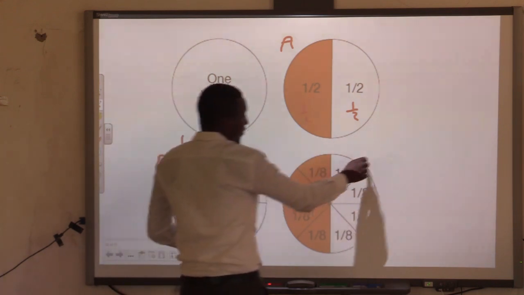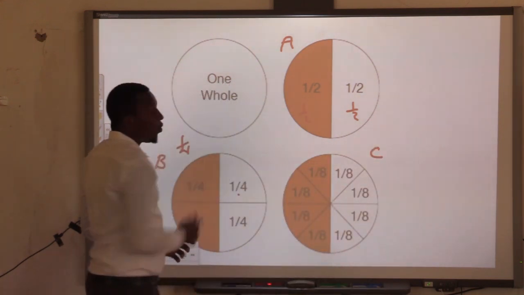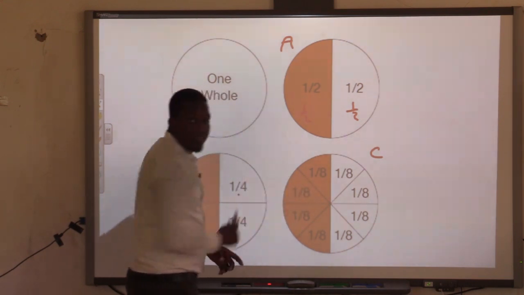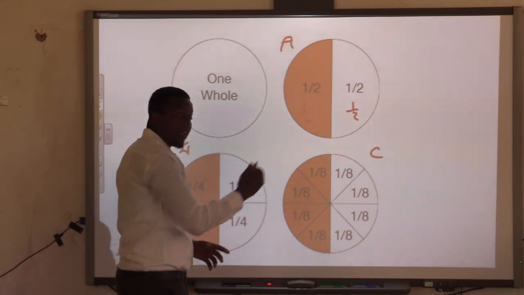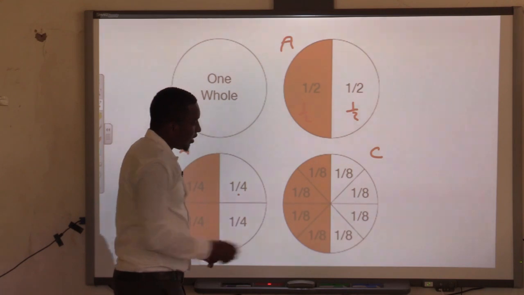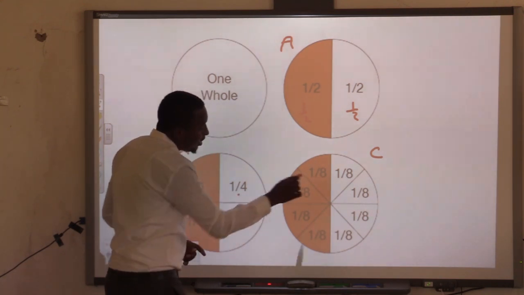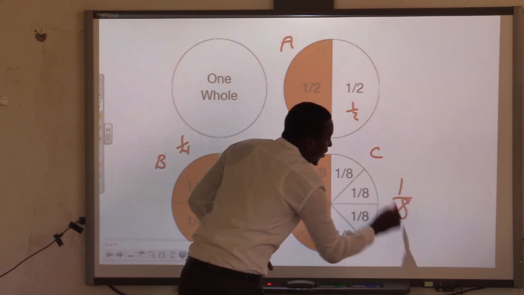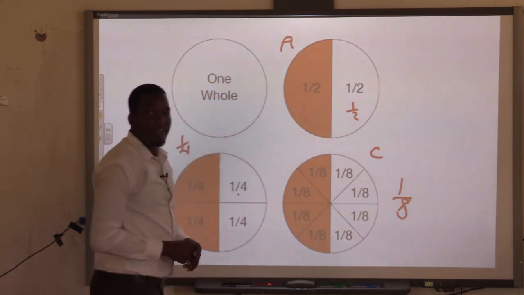And circle C, which is the same whole, is divided into 8 equal parts. If you look at it, you realize that each part is labeled as 1/8, that is 1 all over 8.